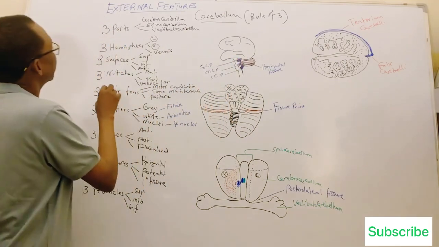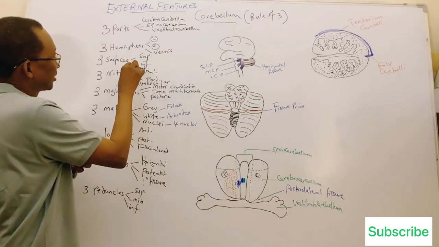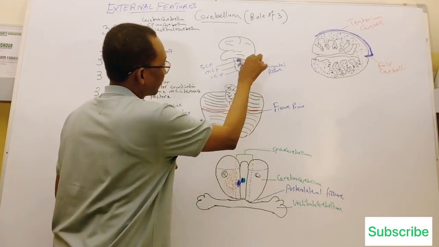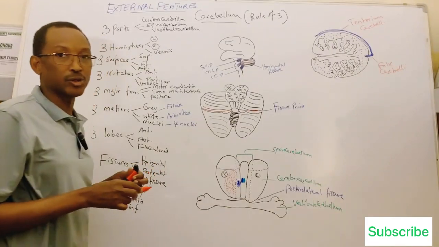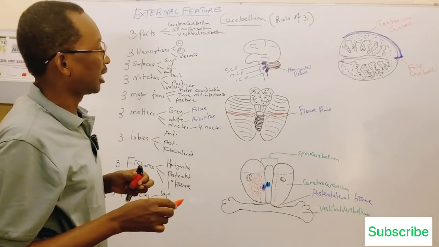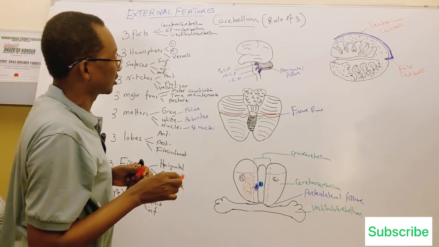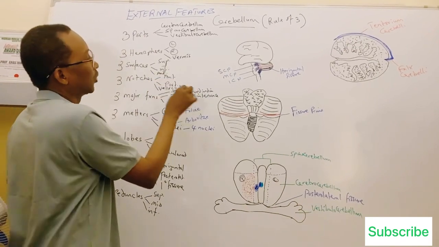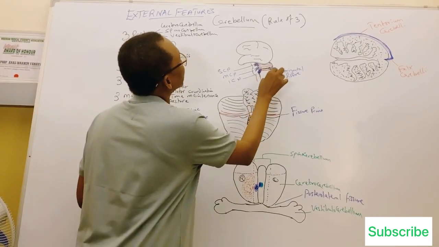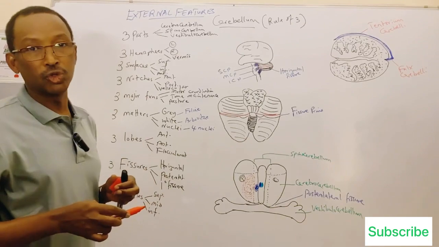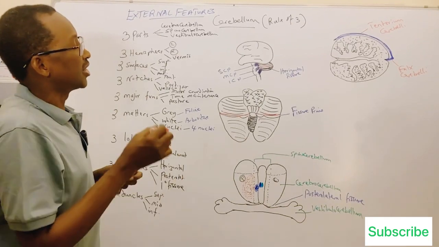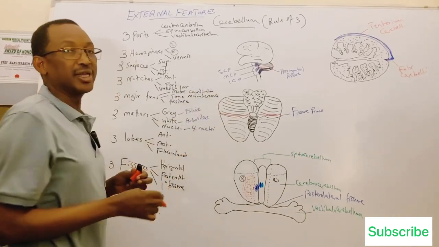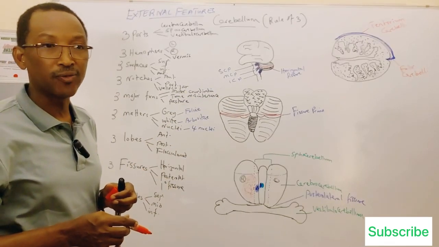And the other surface is the inferior surface. The inferior surface is lying within the posterior cranial fossa. So in essence, it suffices to say that cerebellum is located in the posterior cranial fossa.